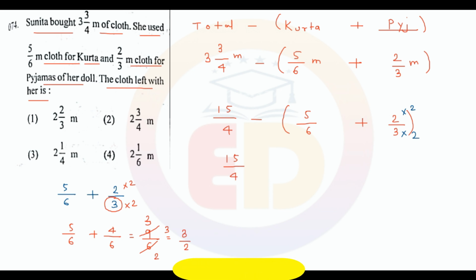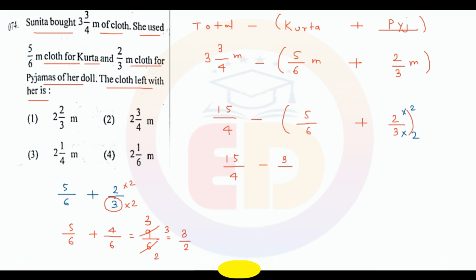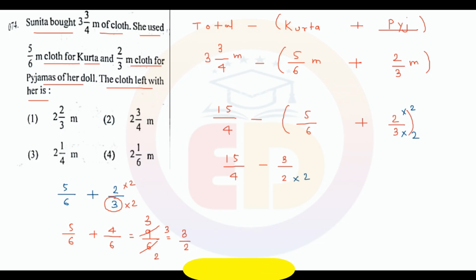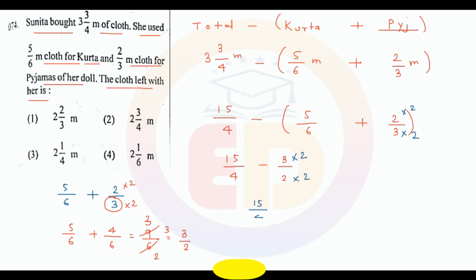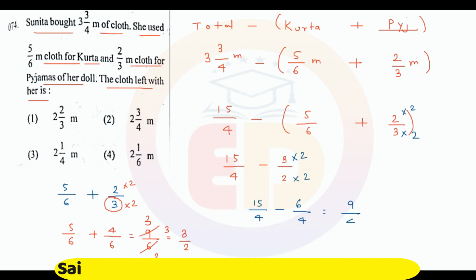Now we subtract it from total. 15 by 4 minus 3 by 2. Make the denominator same. It's 2 into 2. This is 3 into 2. 15 by 4 minus 6 by 4. This is 9 by 4.